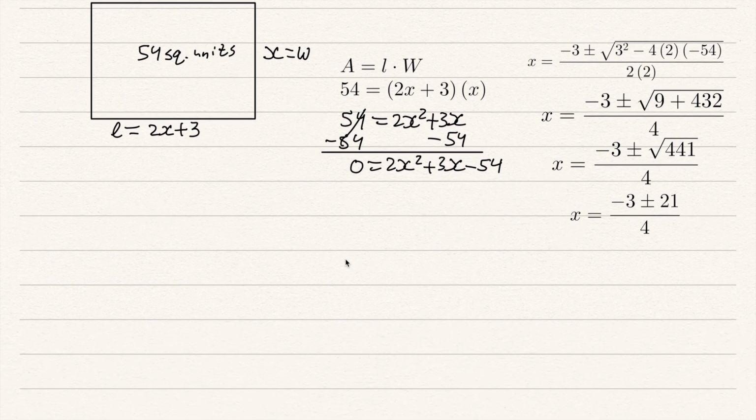At this point, we need to separate it into two separate parts. We have the positive, x is equal to negative 3 plus 21 over 4, and we have the negative, x is equal to negative 3 minus 21 over 4. By adding in the numerators, we can then simplify.